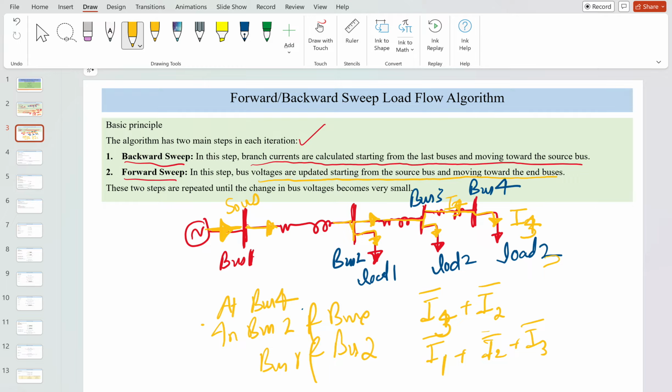You already know the voltage at the source; suppose you find the voltage here, then you move forward towards the end side. This is the basic difference between the backward sweep and the forward sweep.